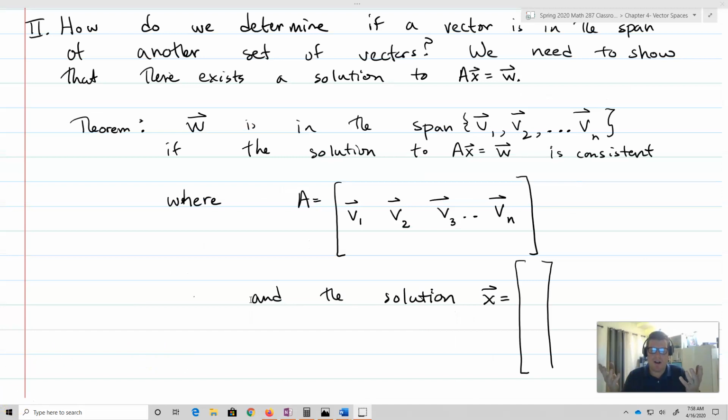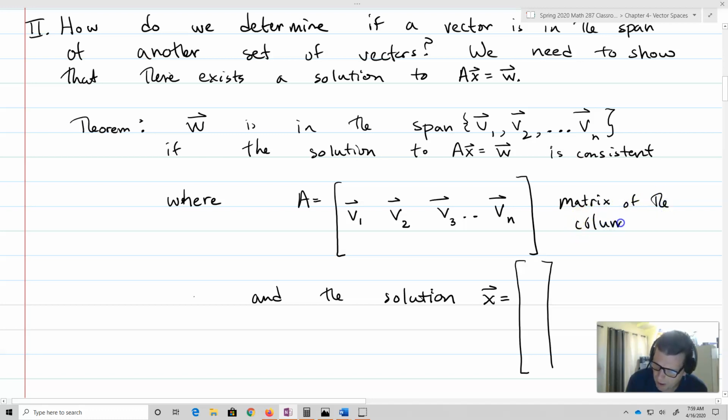So the question we might ask ourselves is, how do we determine if a vector is actually in the span of another set of vectors? We need to show that there exists a solution to AX equals W. So we have a theorem, and this theorem says that W is in the span of V1 through Vn if the solution to AX equals W is consistent, where A is what we call the matrix of the column vectors V1 through Vn, and the solution X is going to equal our C1, C2, all the way down to Cn.